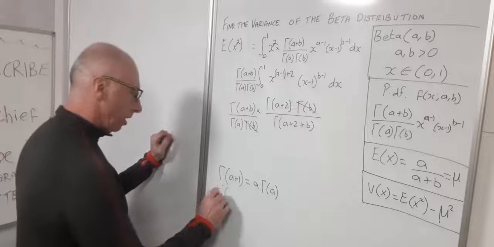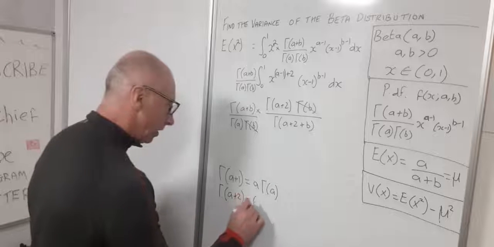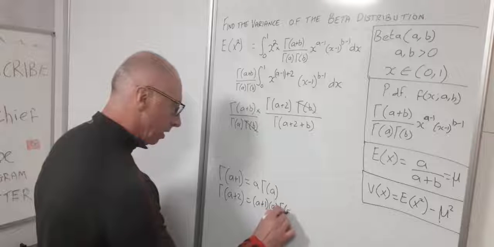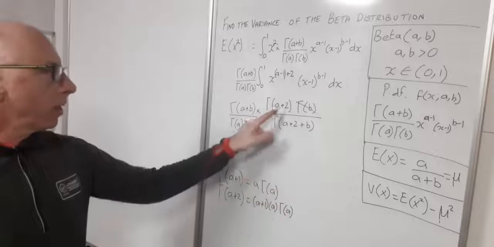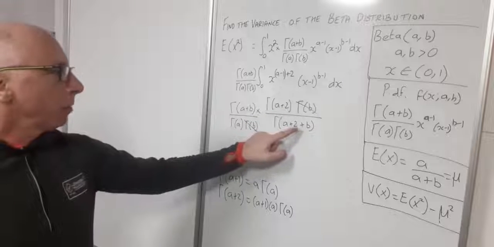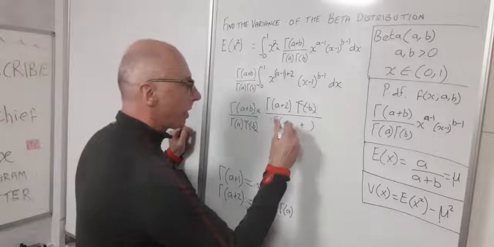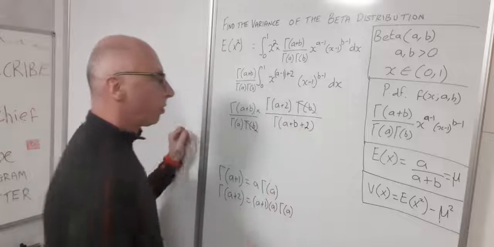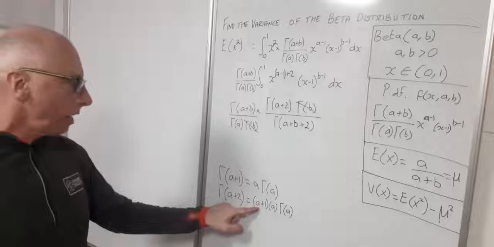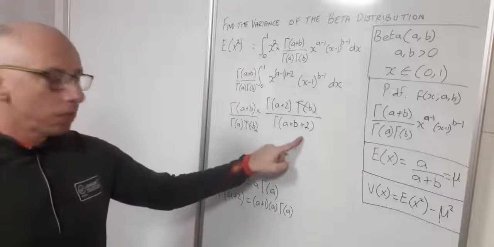Therefore gamma A plus 2, I can write that as A plus 1 times A times gamma of A. So that's what I can write for this one. Now here I've got gamma of A plus 2 plus B, which I could rewrite just to make it easier to see, A plus B plus 2. So in which case I could write this as A plus B plus 2 times A plus B plus 1 and A plus B. So that's how I could rewrite this one.